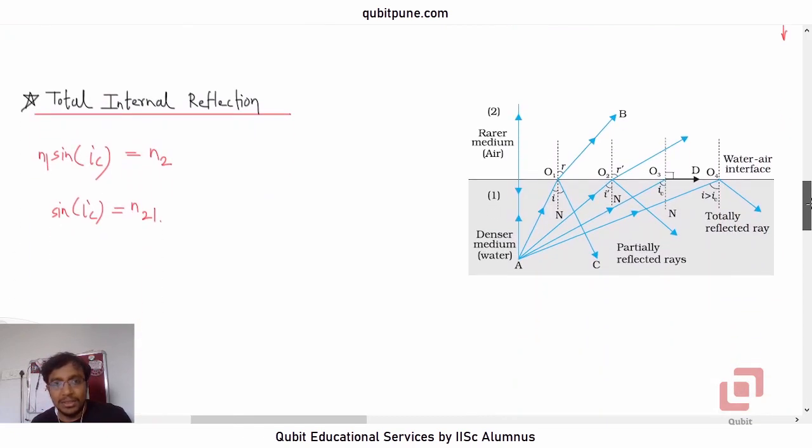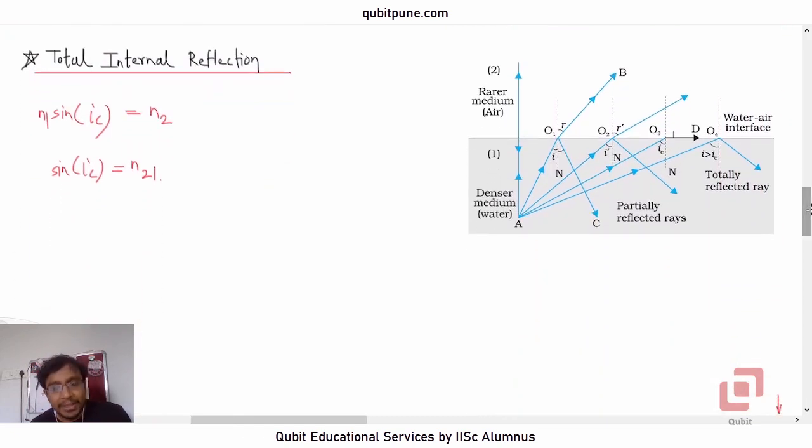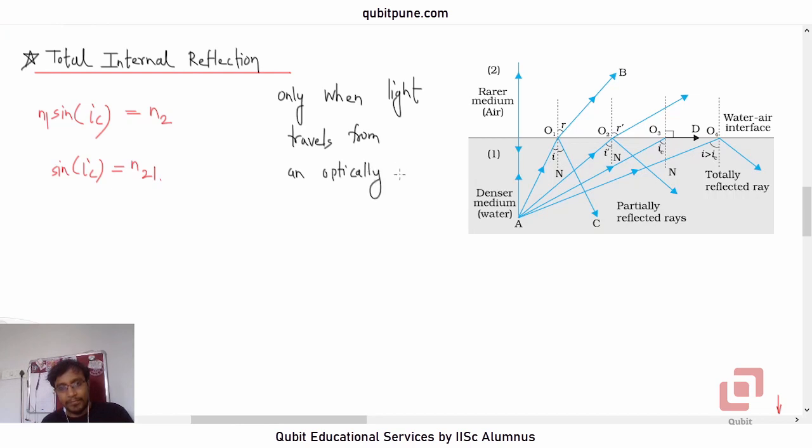Let's go to total internal reflection. The phenomenon of total internal reflection is observed only when light is traveling from an optically denser medium to an optically rarer medium.